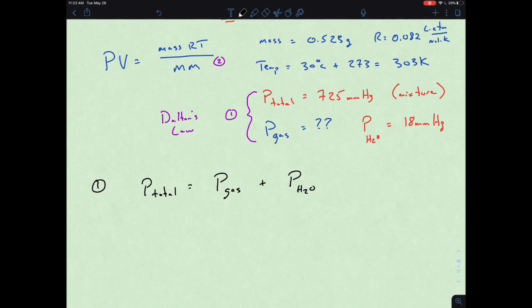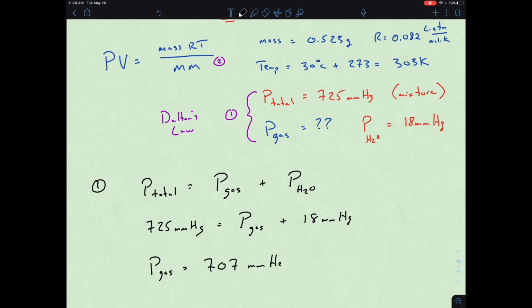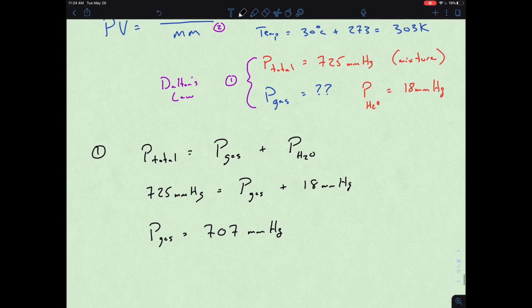So we can essentially plug those values in. Our total pressure was 725 millimeters of mercury. We're trying to figure out the pressure of the gas. We know our H2O was 18 millimeters of mercury. And so we can solve for the pressure of the gas to be 707 millimeters of mercury.